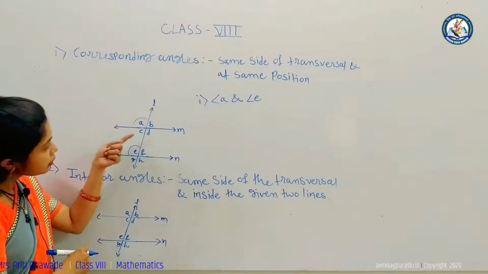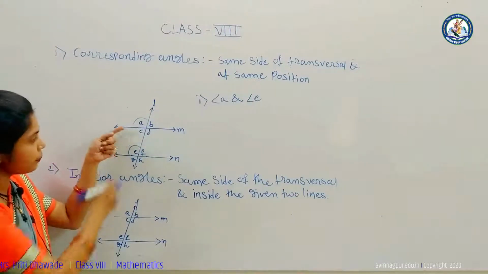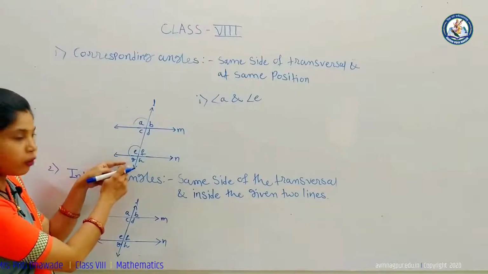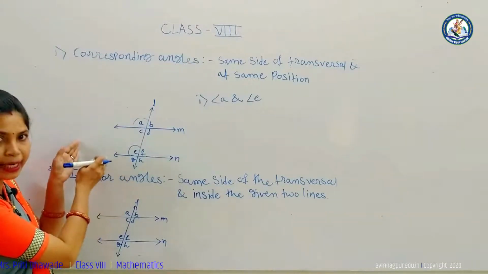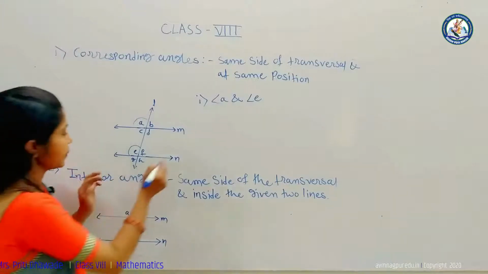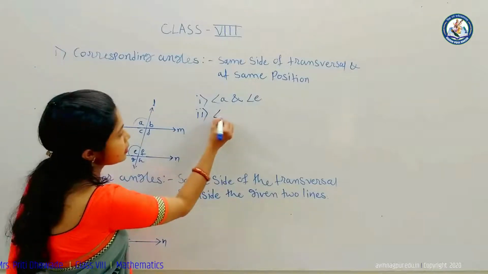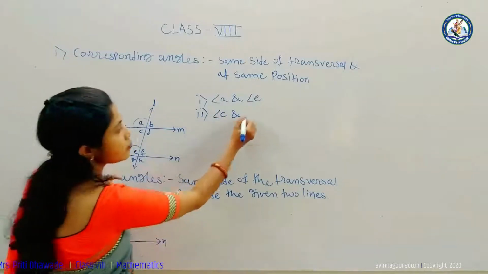Now again, angle C is present below line M and angle G is present below line N. Obviously both are on the same side, the left hand side of the transversal. So the second pair of corresponding angles are angle C and angle G.